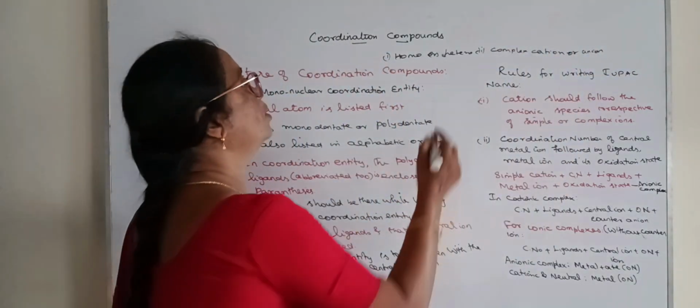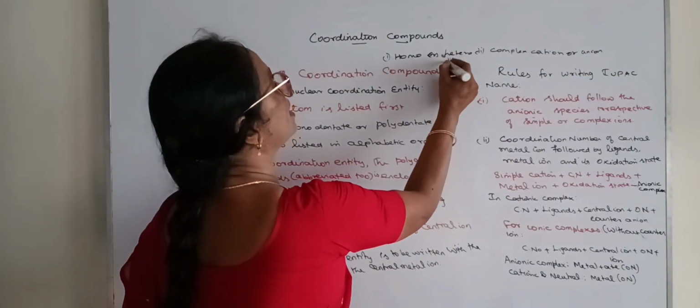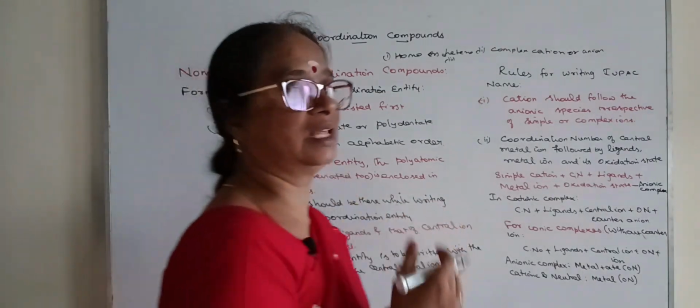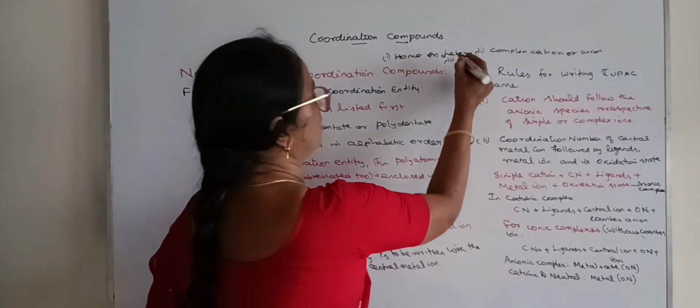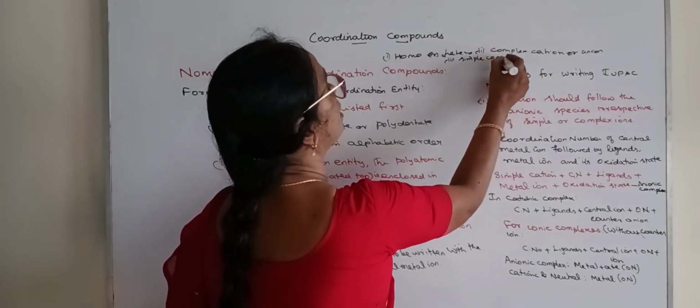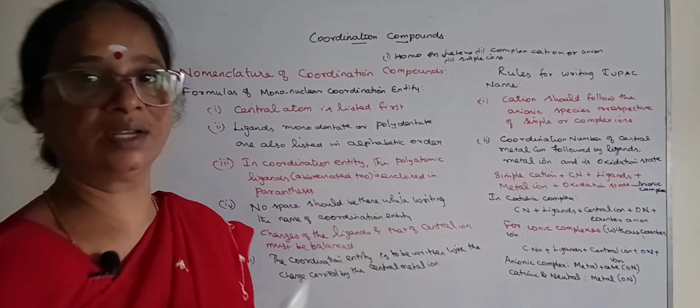Third, we have to identify whether the complex is with a counterpart or is simply the ion. The counterpart might be simple ions, either cations or anions, whatever may be.